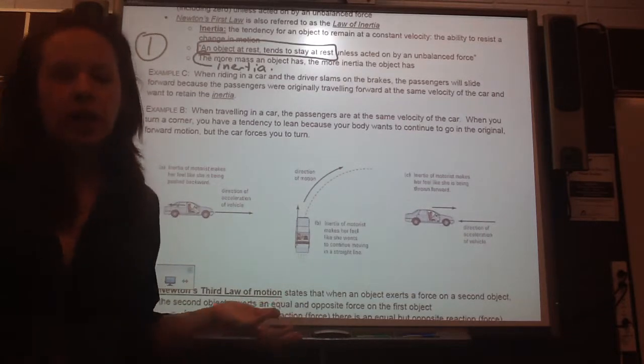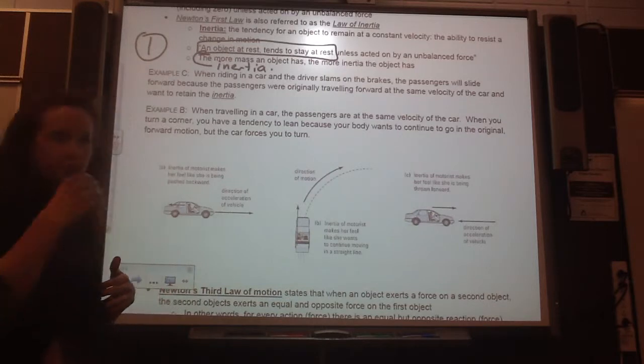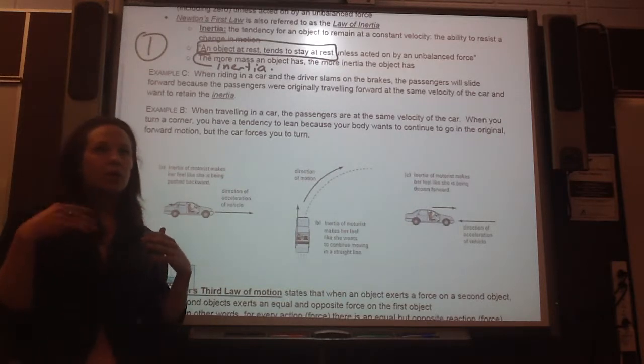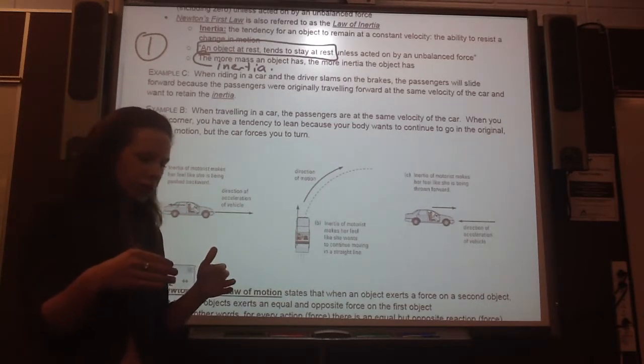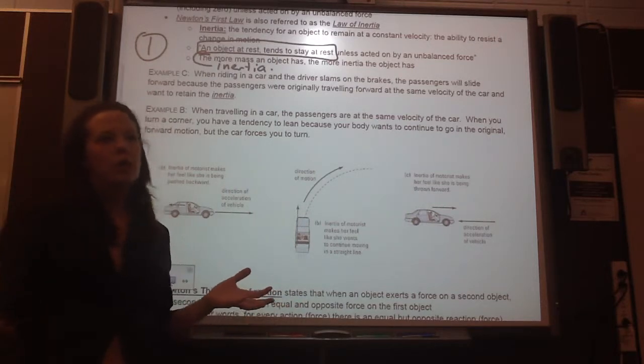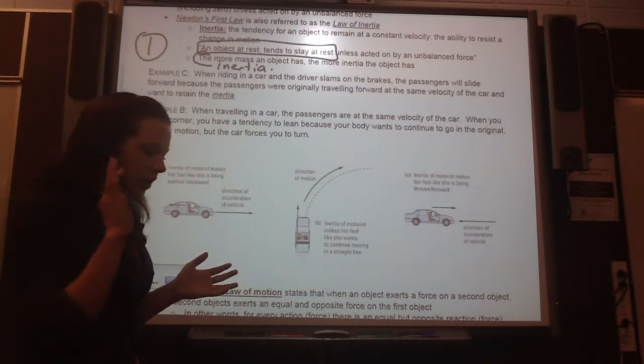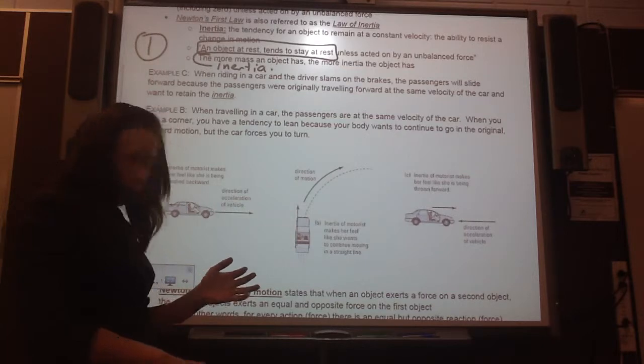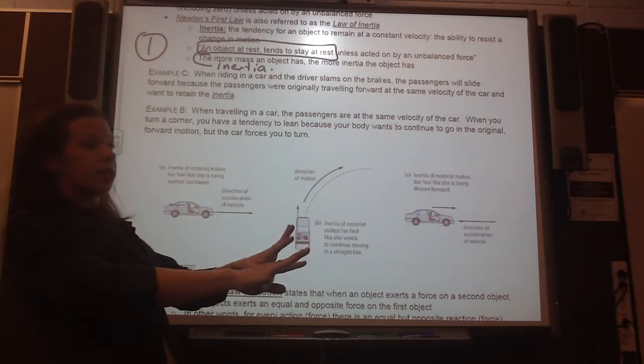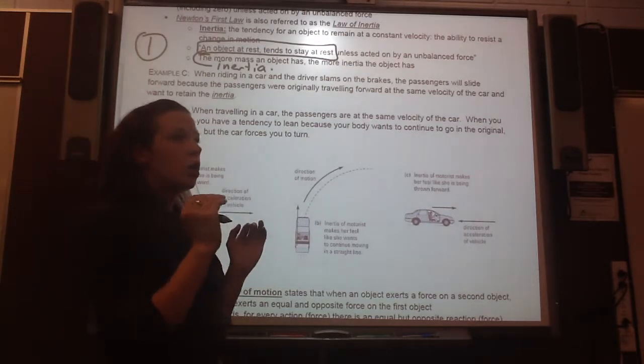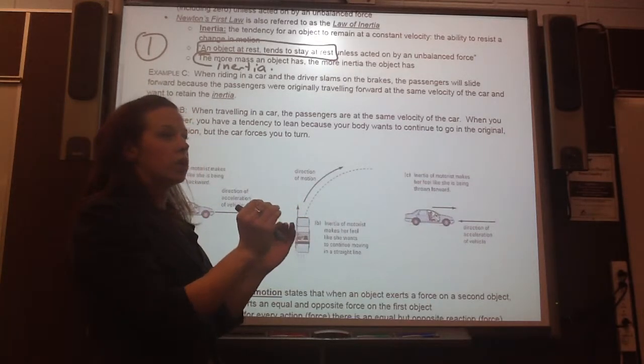Another example, say you're in a vehicle just cruising at, say, 53 kilometers an hour. Then all of a sudden you accelerate and you lean back because you've just accelerated. Because you want to go at the same velocity you were just going.